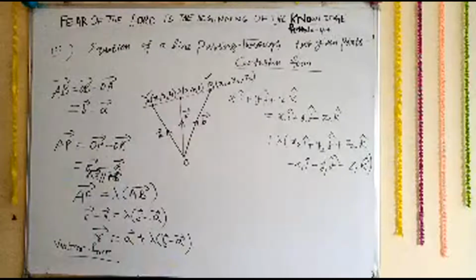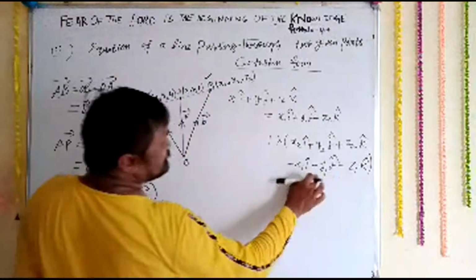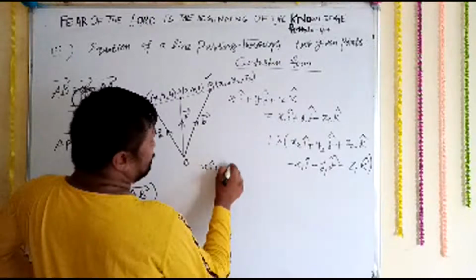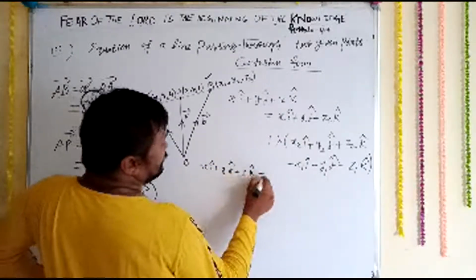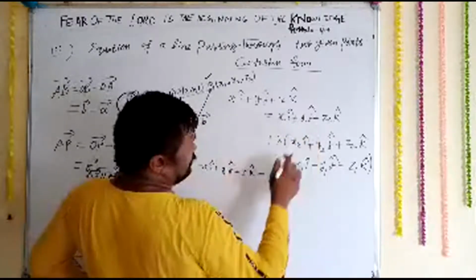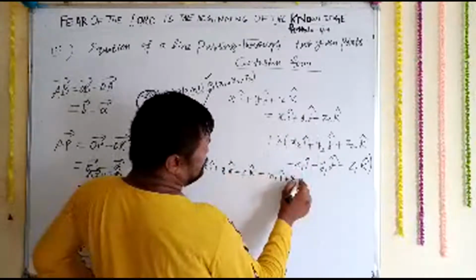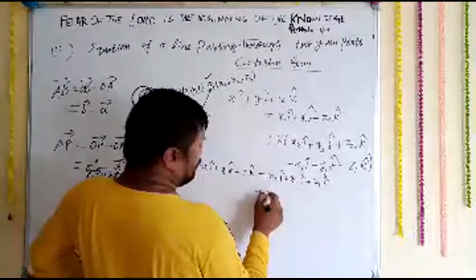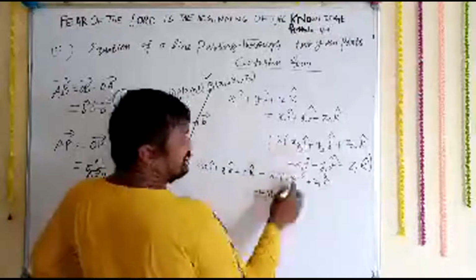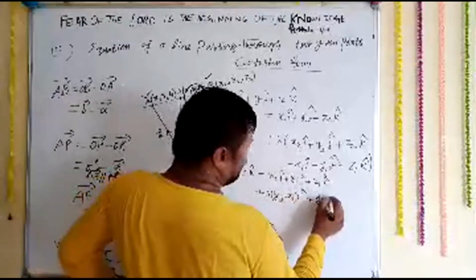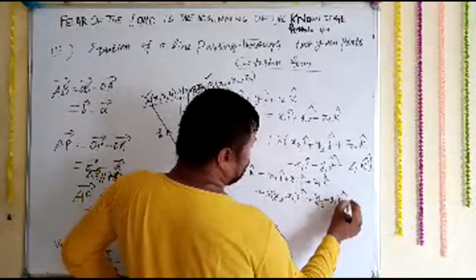Okay. So now after writing this, what we need to do, observe. x i cap plus y j cap plus z k cap is equal to x1 i cap plus y1 j cap plus z1 k cap plus lambda times (x2 minus x1) i cap plus (y2 minus y1) j cap plus (z2 minus z1) k cap.